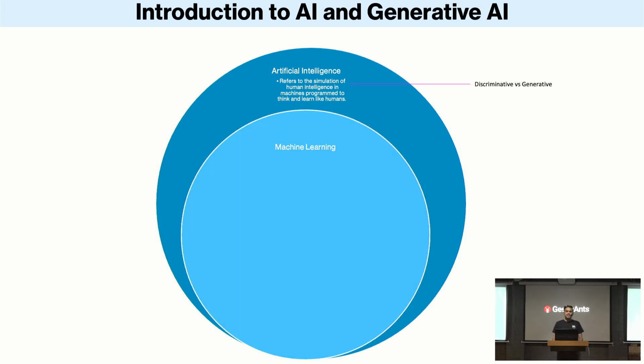A subset of that is machine learning. In machine learning, we say, okay, only do a specific task on a specific set of data. We have some algorithms planned for it and say, hey, you can do only this. For example, if AI is human, and I'm giving an analogy, it may be a little dark humor, so please excuse me, think of machine learning as a fish or a monkey.